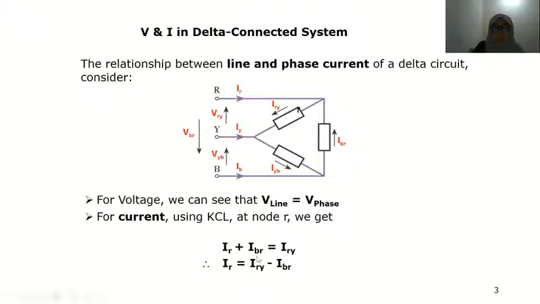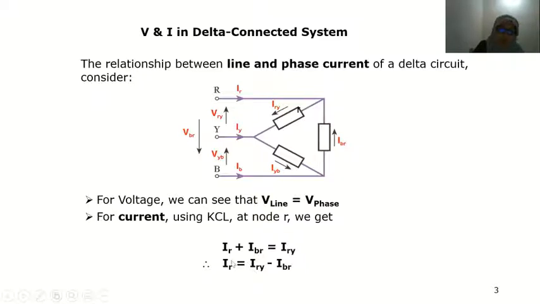The KCL shows that IRY is equal to IBR plus IR. But we want to see the line current in terms of phase current, so we group the line currents and the phase currents from this KCL.